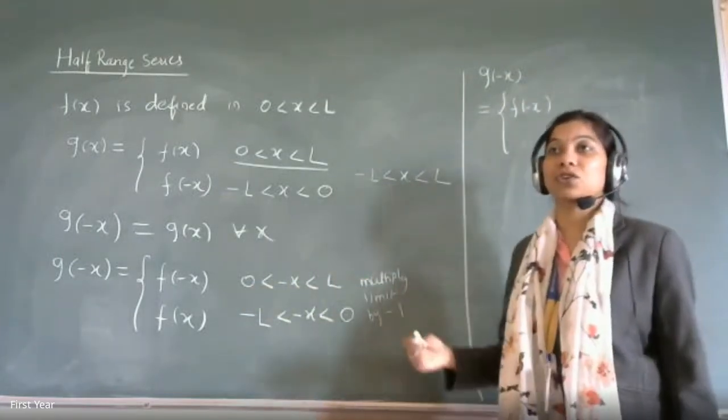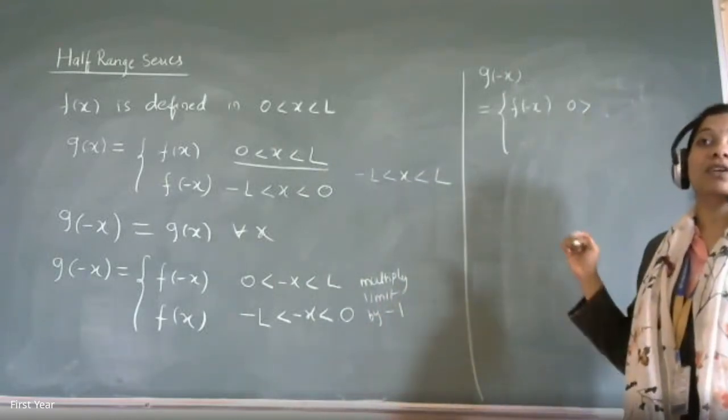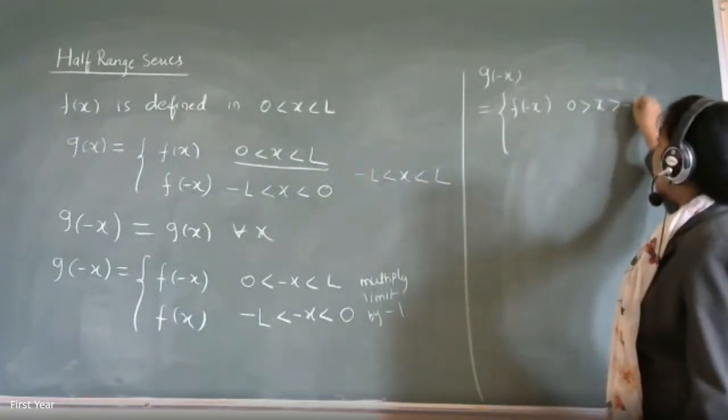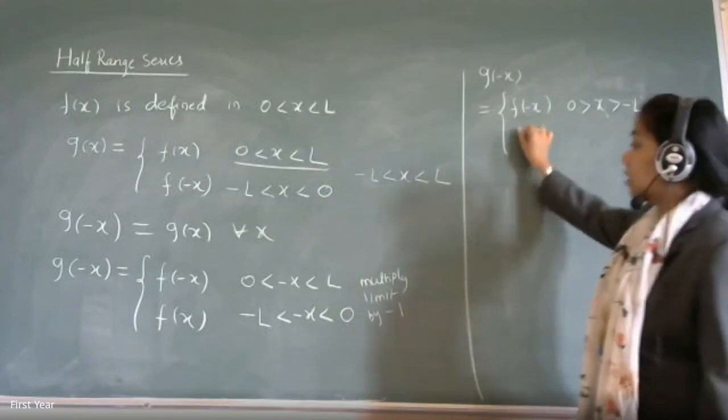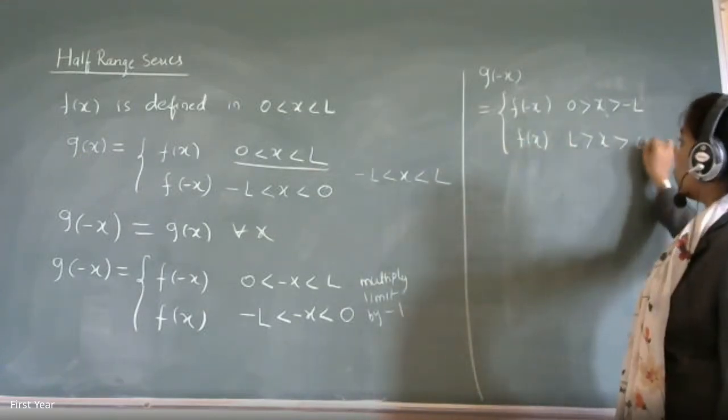So 0 into minus is 0. When you multiply by a negative sign, your inequality is reversed. So 0 greater than x greater than minus L. Correct? And this is f of x, L greater than x greater than 0.